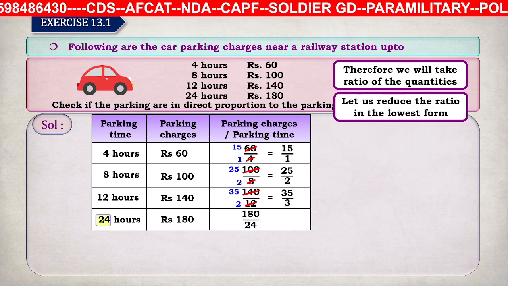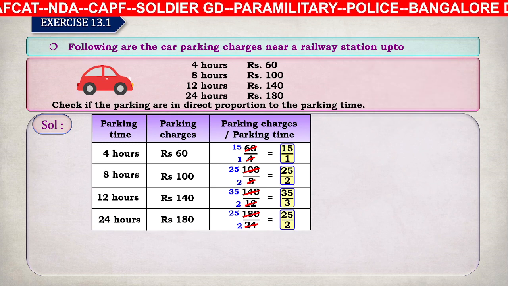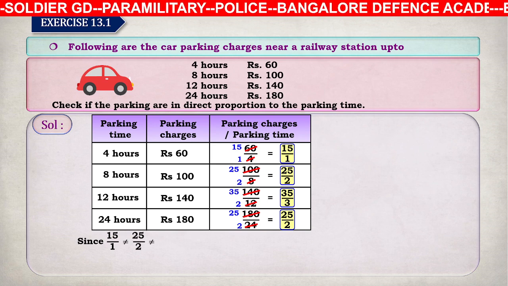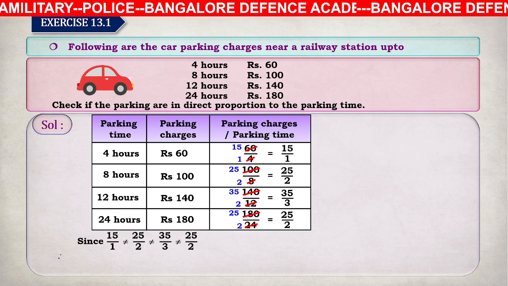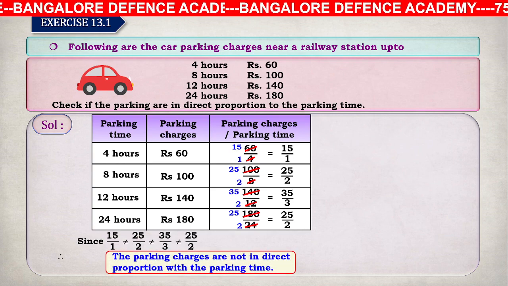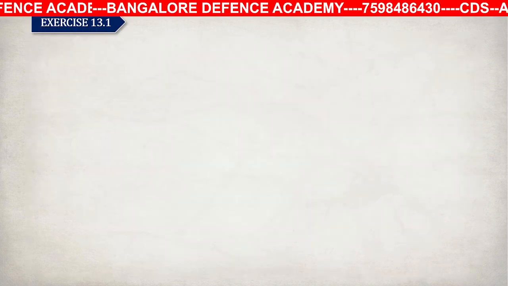And 180 divided by 24, I get 25 by 2. Now if you see all these ratios, since 15 is not equal to 25 by 2, which is not equal to 35 by 3, and which is not equal to 25 by 2, I come to a conclusion that the parking charges are not in direct proportion with the parking time. So these things you have to keep in mind.